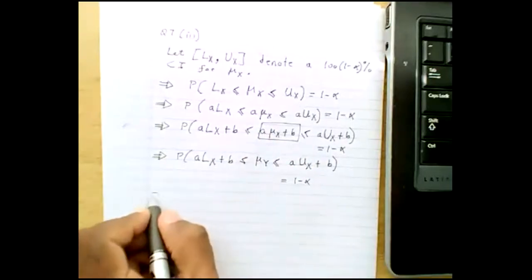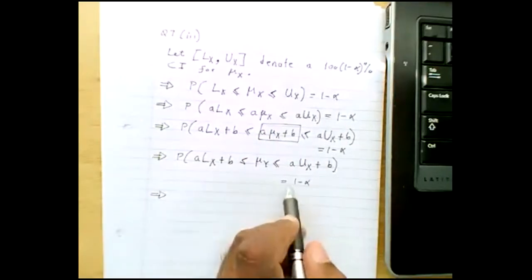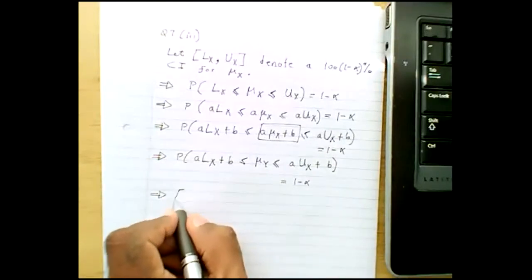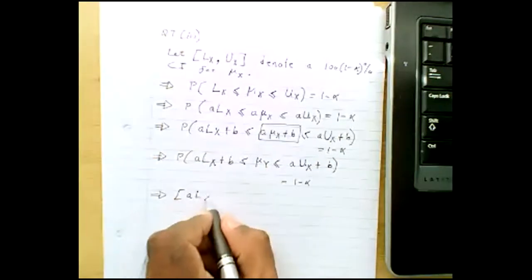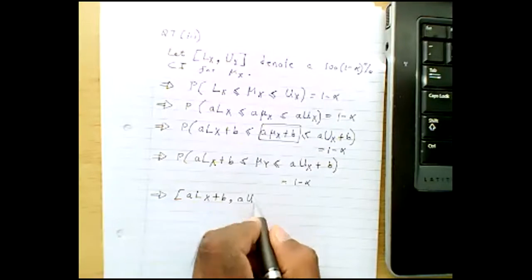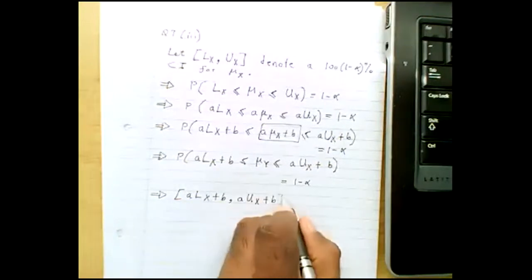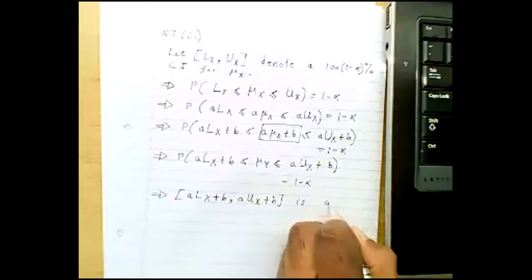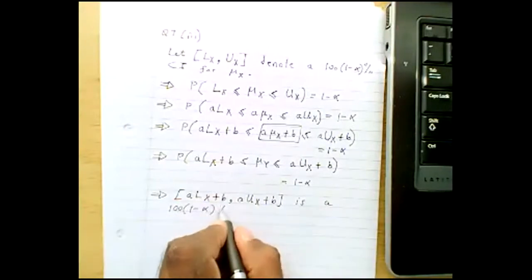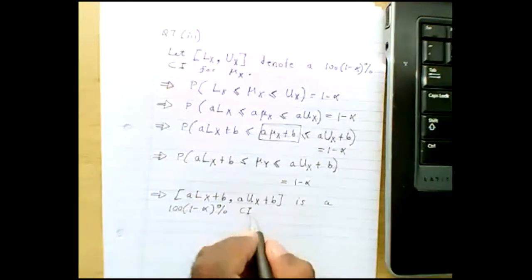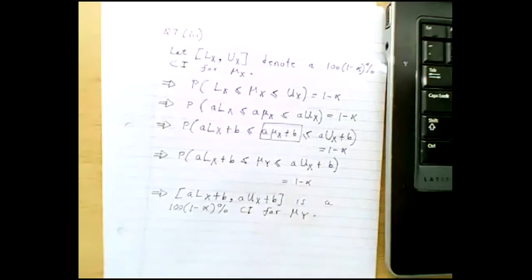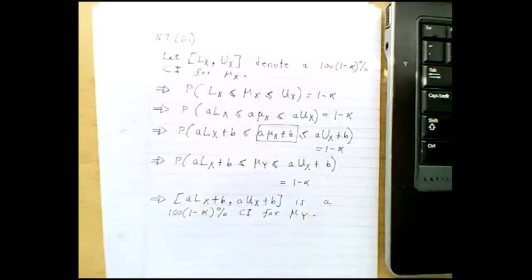Now, what this statement says is that the interval from, is a 100 times 1 minus alpha percent confidence interval for mu y. All right. So you see what I've done.